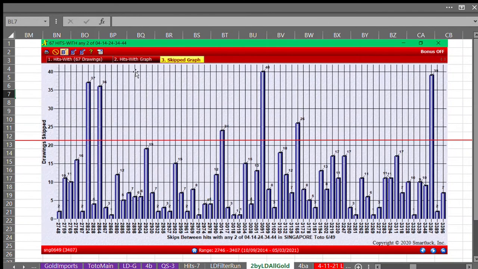Okay, last digit 4s. At this point, I realized that I was using the bonus. I don't like to use the bonus. Again, you can see how using the bonus and not using the bonus will affect the skip charts. You can see it shifts the sidereal out one iteration, or I don't know, I'm making this all up as I go, but you can see the first sidereal was 24.